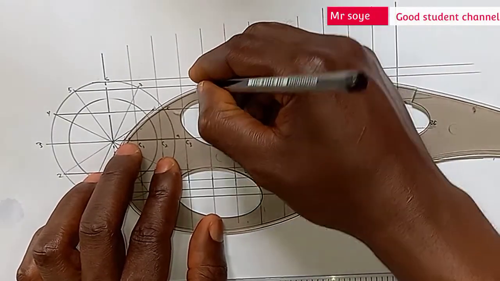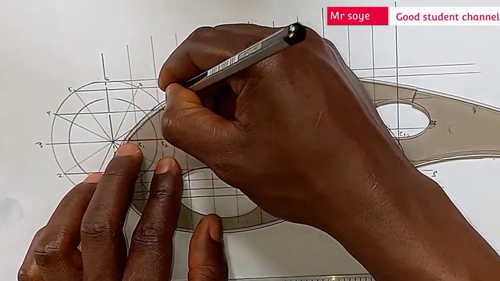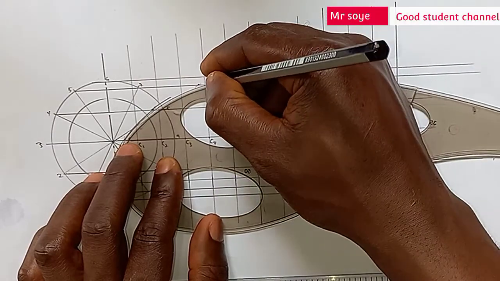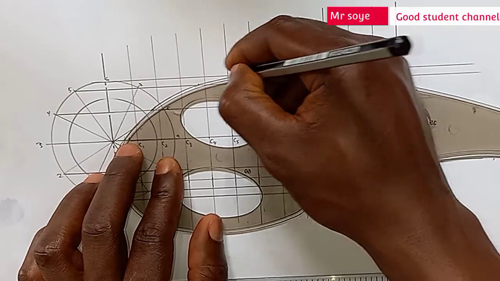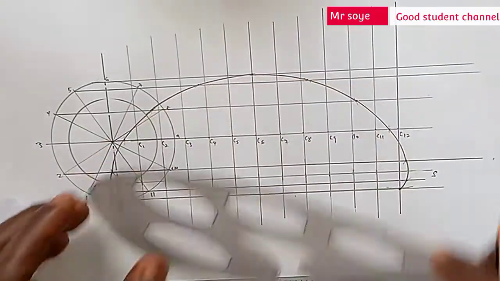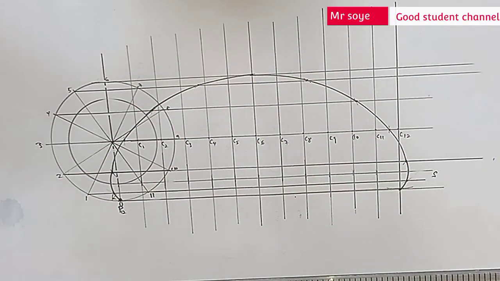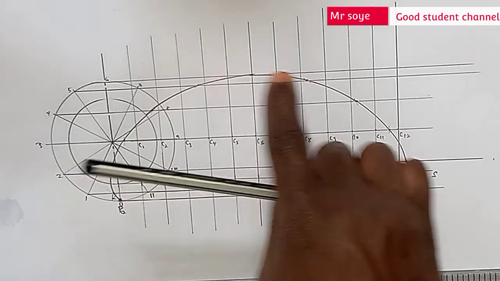From here, here, here. Good. Can we see it? Very good. So here is the curve.